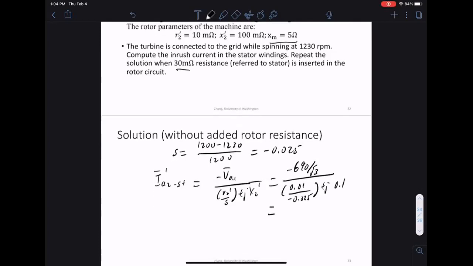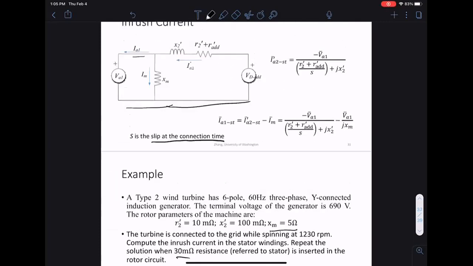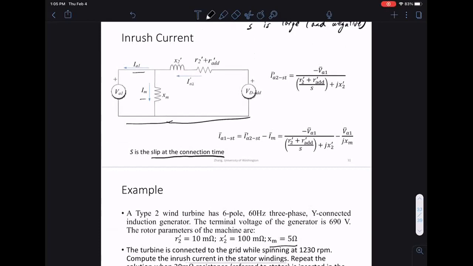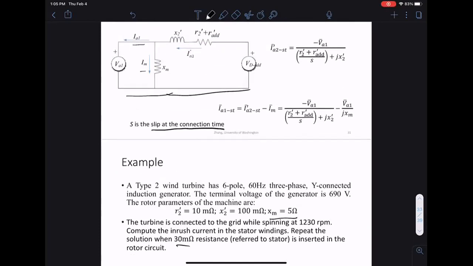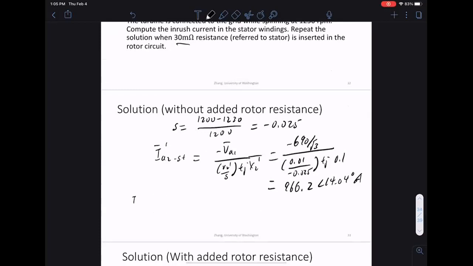So this IA2 is 0.2 degrees amps. We want to know what the current in this magnetizing branch is, so we want to know what this IM is. I can subtract IM out from IA2 to get what IA1 is. The IM is just the voltage over the inductance.